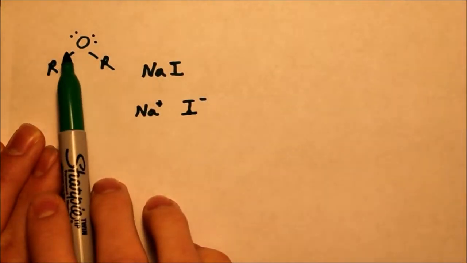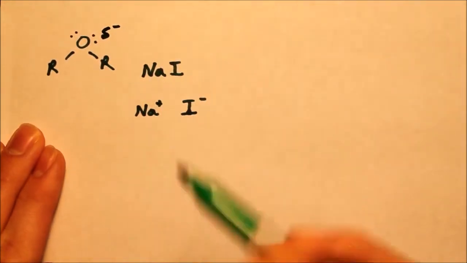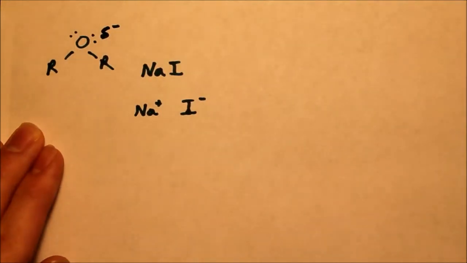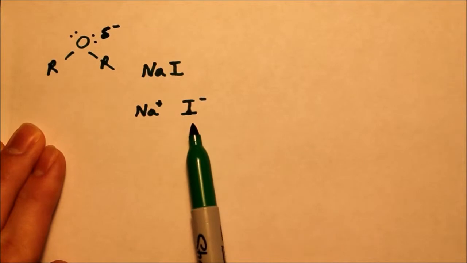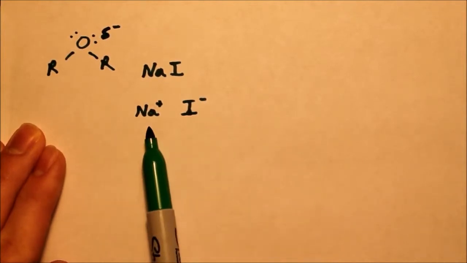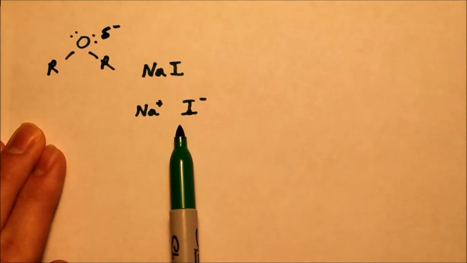Now, since these lone pairs on the ether, we have sort of a dipole moment towards them with slight negative charge. Opposites attract, so obviously the ether is not going to want to solvate this iodine. It's going to want to solvate this cation far better than it will this iodine.